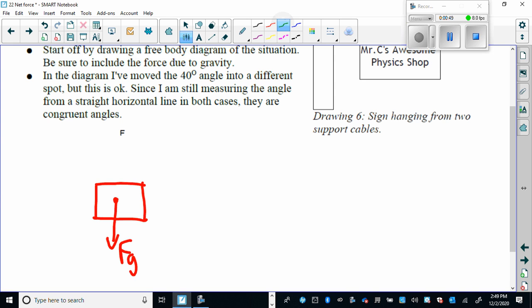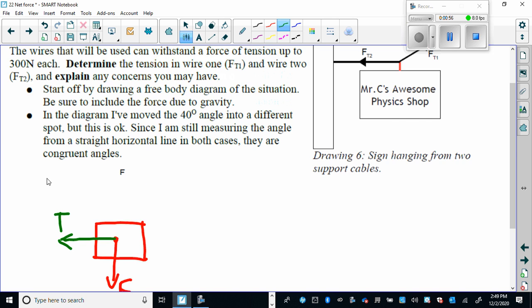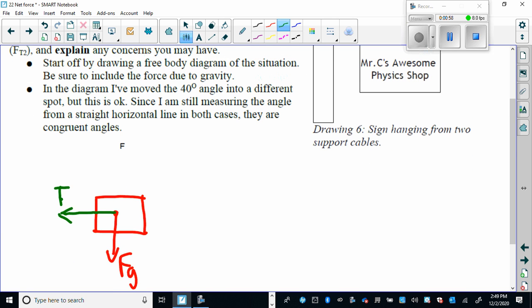And then we have a force of a wire going this way. So that's tension, what do we call it here? Tension 2. And we have a wire going in this direction here, which we're going to call T1. So the force of tension 1, the force of tension 2, and the force of gravity, those are the three forces acting on the sign.